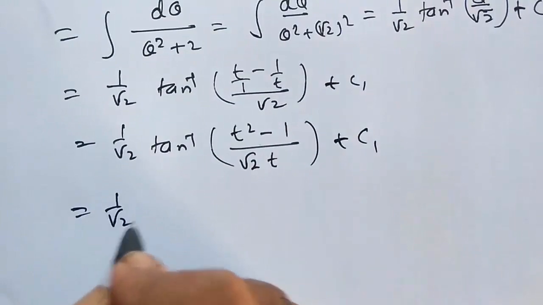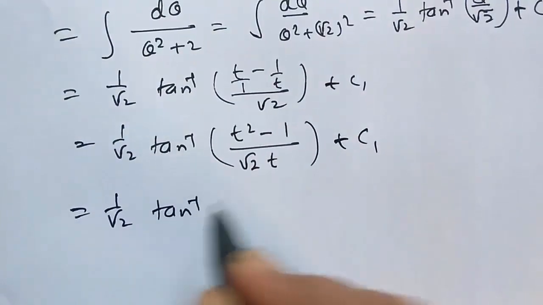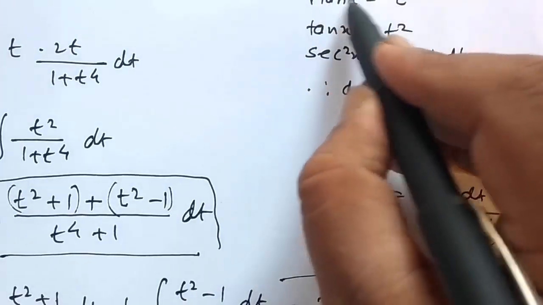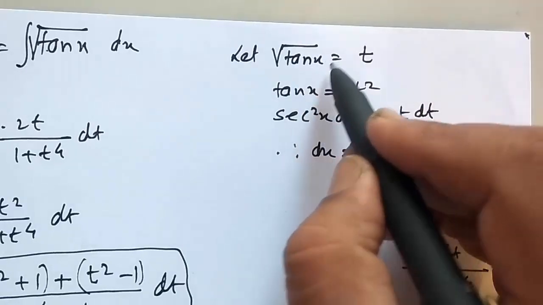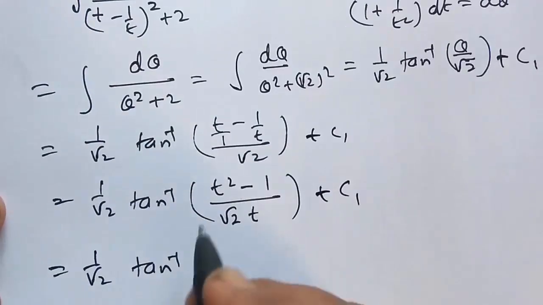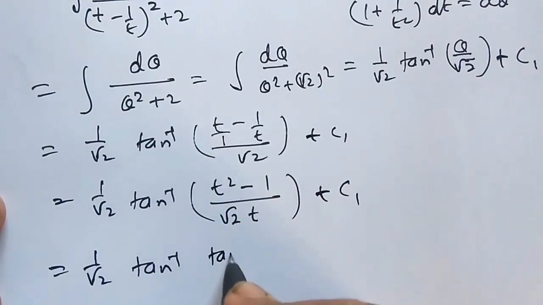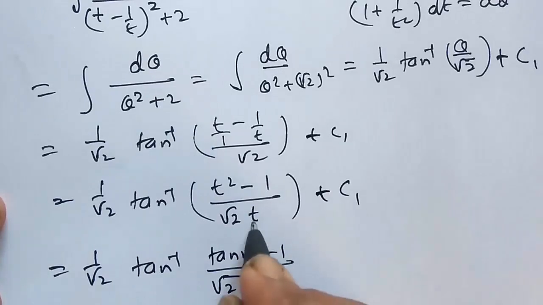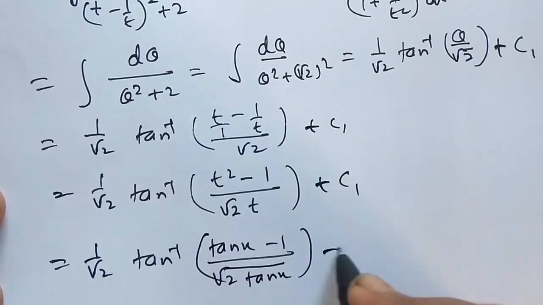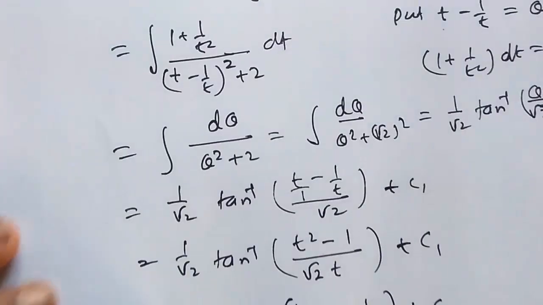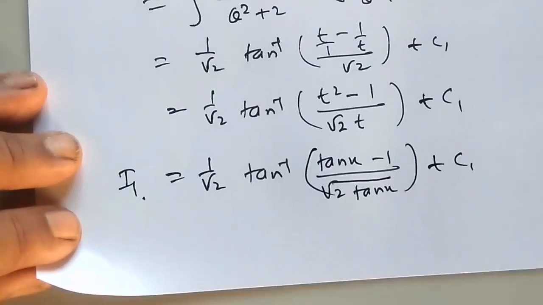Now t is equal to under root of tan x, t square is tan x, so it is 1 upon root 2 tan inverse of tan x minus 1 upon root 2 under root tan x, plus c1. This is equal to I1.